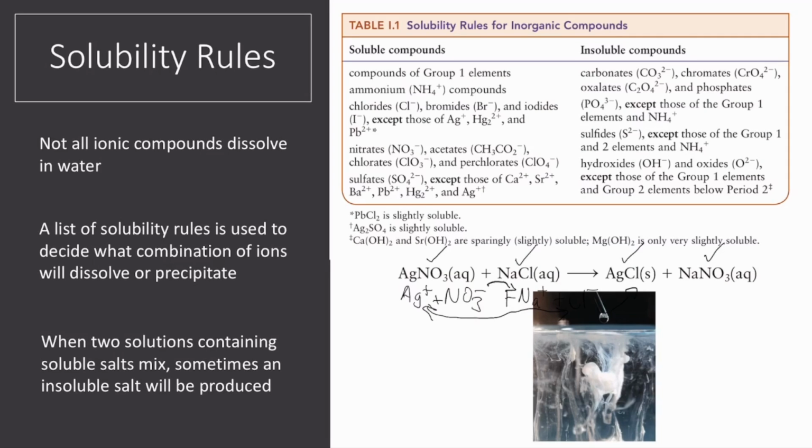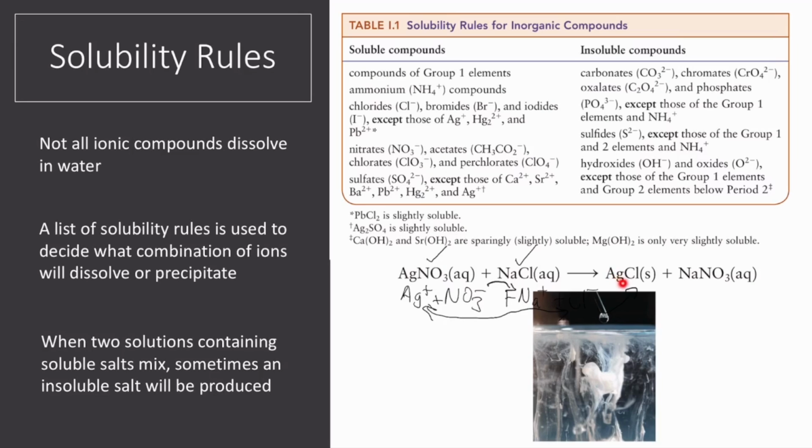Finally, let's check with the table to see whether it predicts the solubility or insolubility of the compounds at hand. So silver nitrate, we can see here that nitrates and acetates are soluble compounds. So this should be aqueous, or soluble. Sodium chloride, we see here that chlorides are soluble compounds.